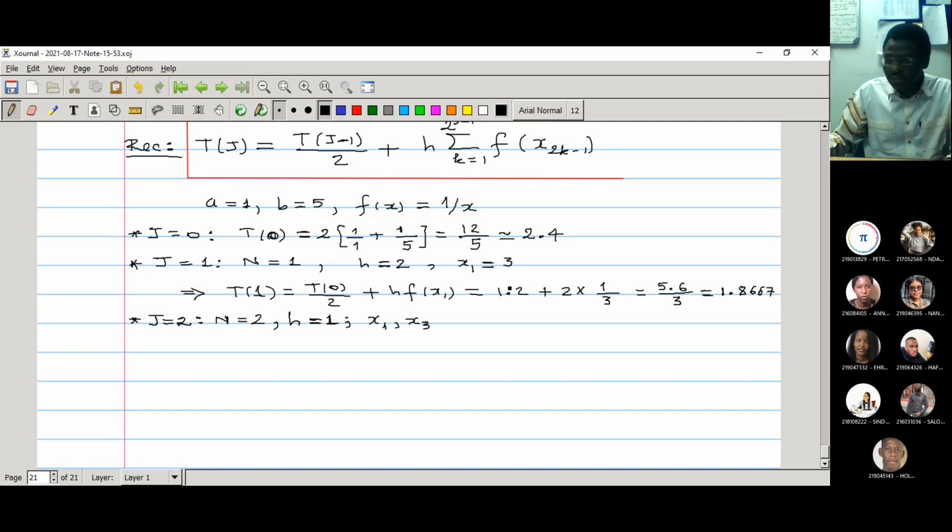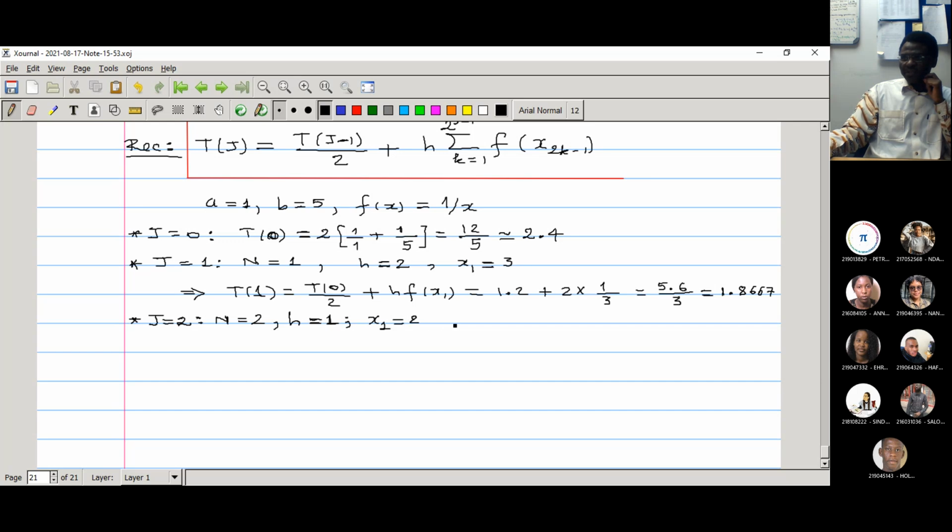So let me just write the value here. So what is X1? When K is equal to 1, you have X1. That's K is 1, right? So X1 will be X0, that is A, and A is 1. It will be 1 plus H, which is 2.